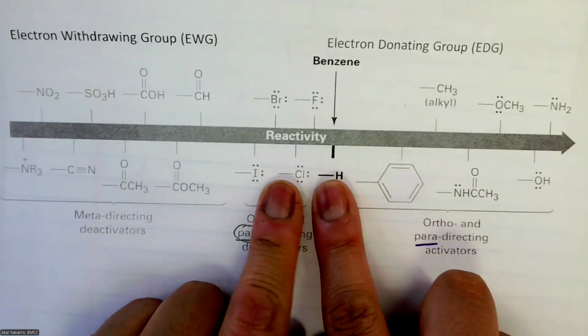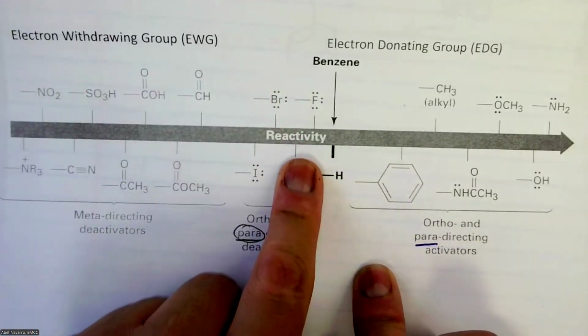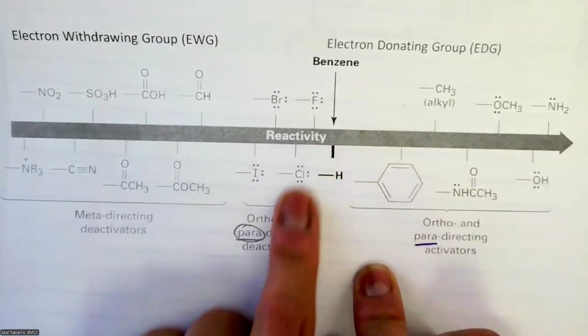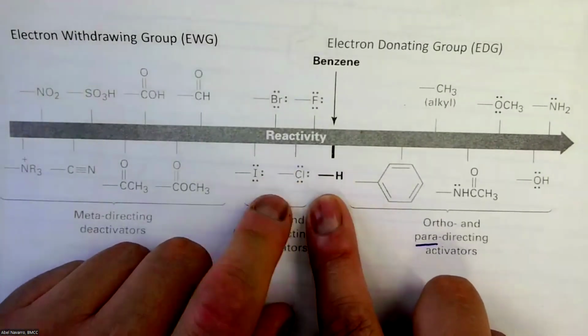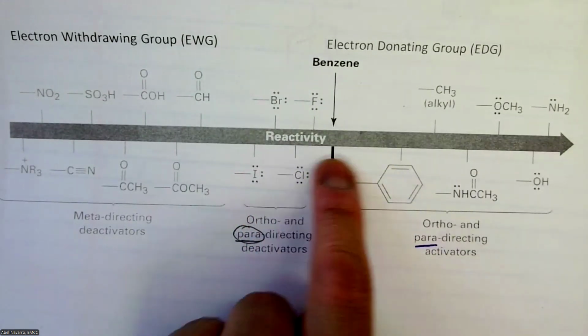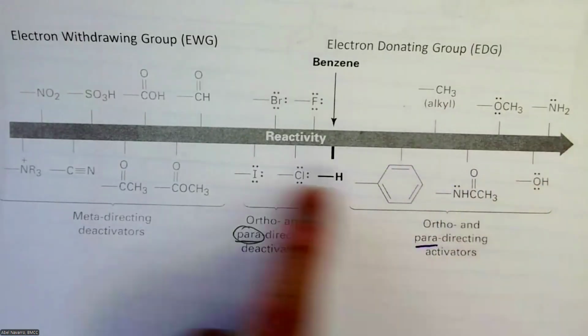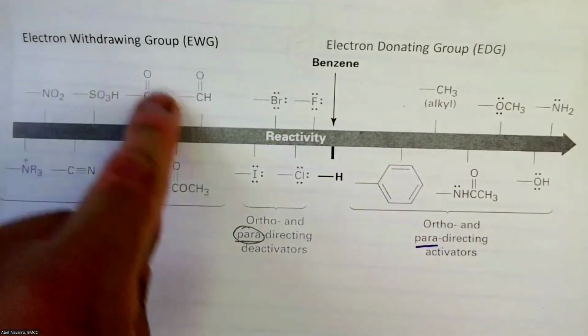They have some electronegativity, so they are electron-withdrawing, but by resonance they're electron-donating. It's a very tough decision in the case of the halogens. They have both aspects. They can donate through resonance, but because of their electronegativity they are electron-withdrawing. So they're in the interface between the two. But these are definitely very solid electron-donating, and these are very solid electron-withdrawing groups.